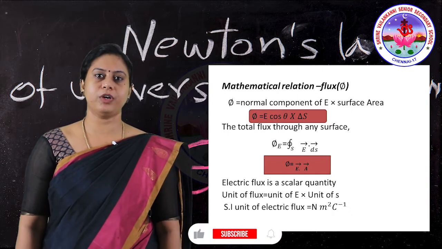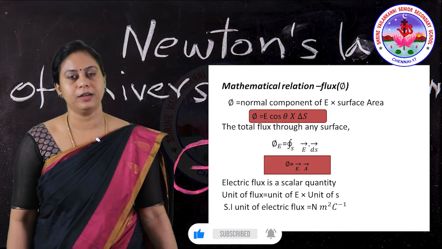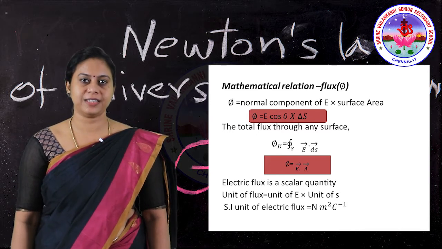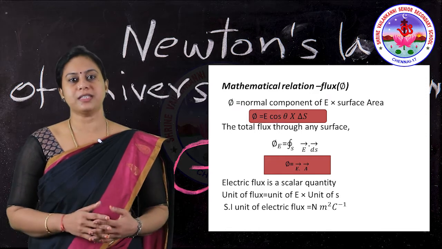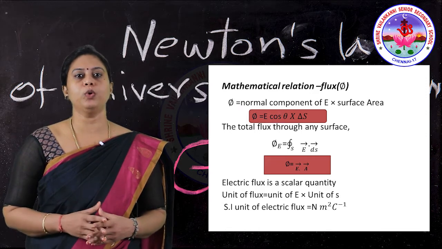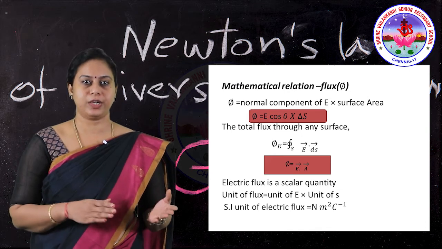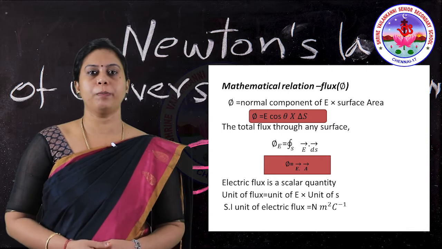So phi E is equal to E dot A. Flux is a scalar quantity. For the SI unit of flux, we take the electric field and the surface area. For the electric field, newton per coulomb, and meter square. So the SI unit of flux is newton meter square coulomb power minus 1.